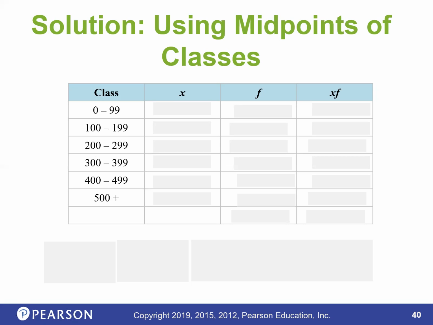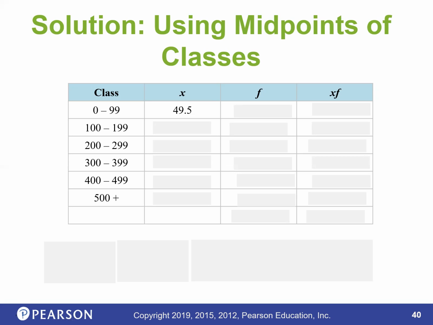So finding the mean is a little bit different this time because of that. What's the midpoint of 0 and 99? I figure this: you take 0 and then you add 99 to it and you divide by 2.